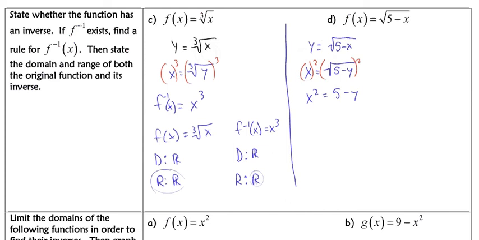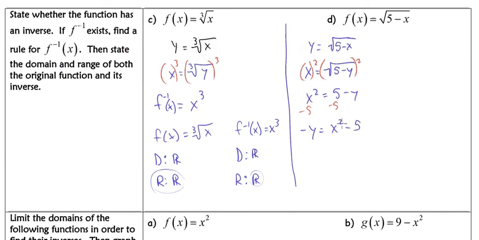Add 5, subtract 5, add y, however you want to think of this. Let's go and subtract 5, so we get negative y is equal to x squared minus 5.